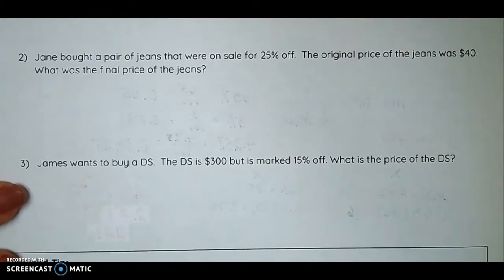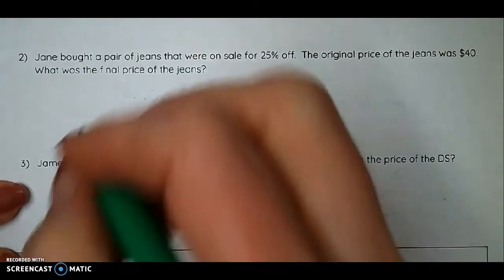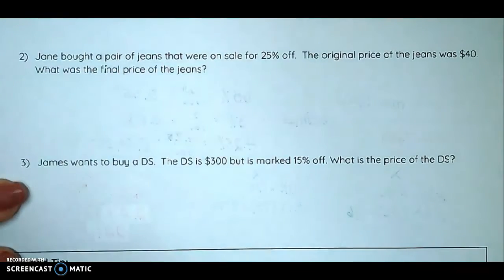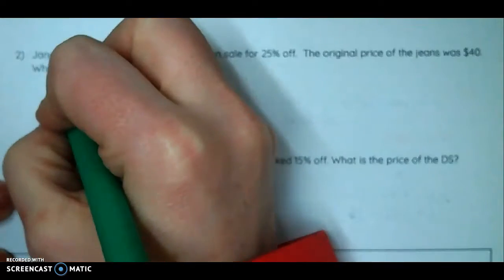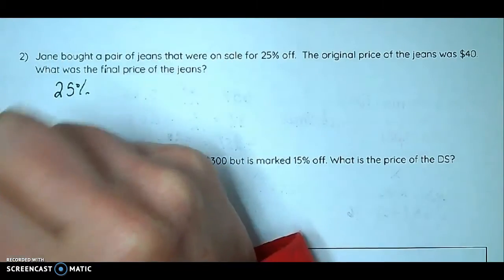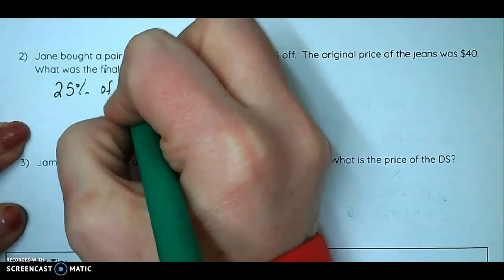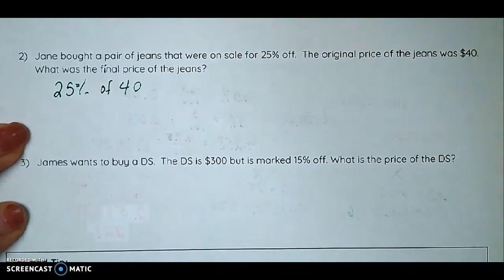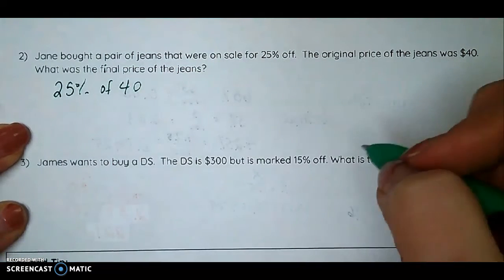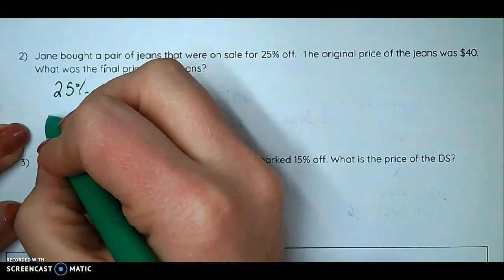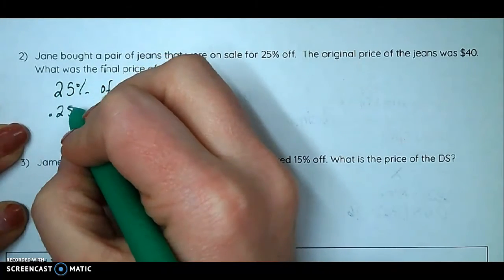It says Jane bought a pair of jeans that were on sale for 25% off. The original price of the jeans was $40. What was the final price of the jeans? So in method one, I would find 25% of 40. Now if you don't like way one and you totally get way two, you can skip ahead in this video and just watch method two, or try it and skip ahead and see if you got the right answer.